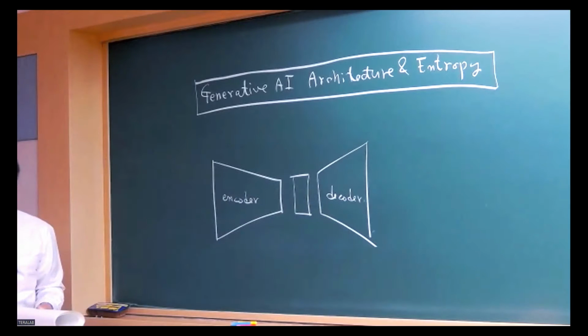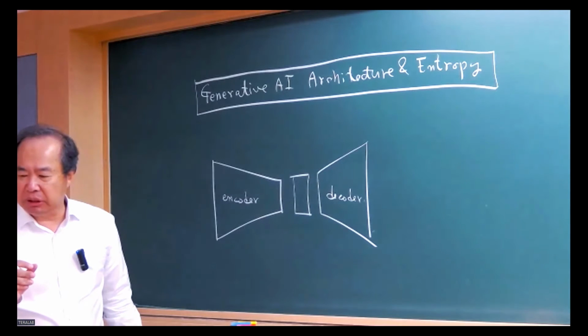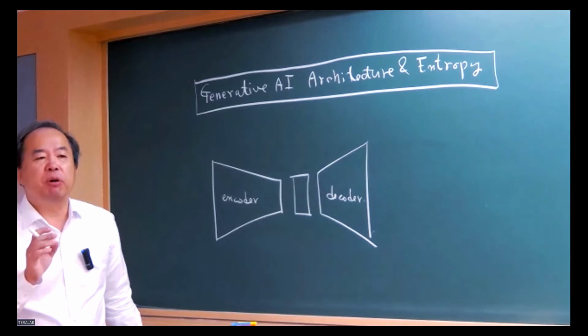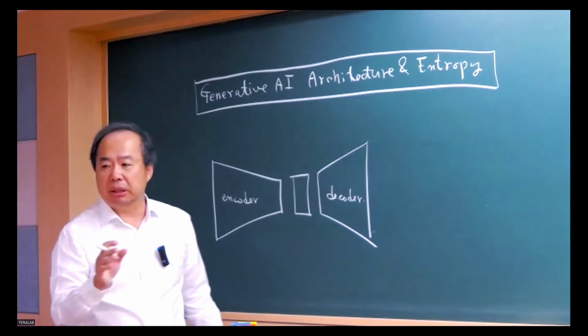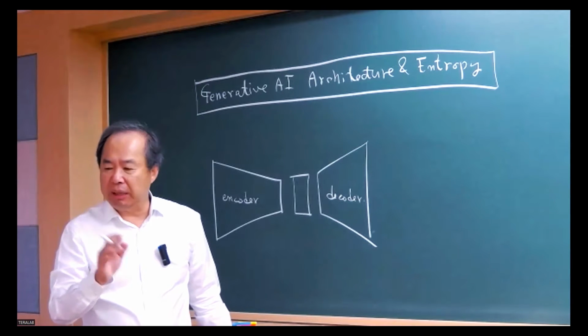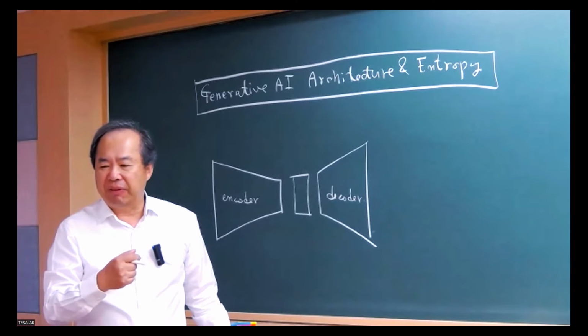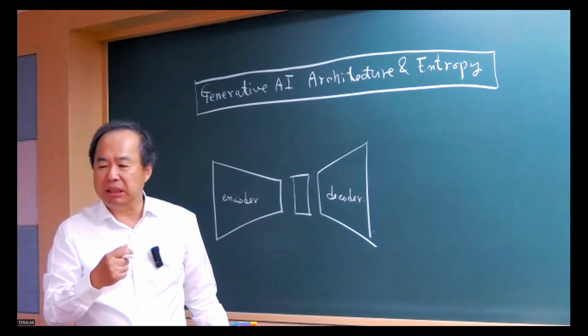These days, the most popular generative AI architecture is called the transformer model. The transformer model is commonly used for GPT-3 and 4. The other type of generative AI is called the diffusion model.